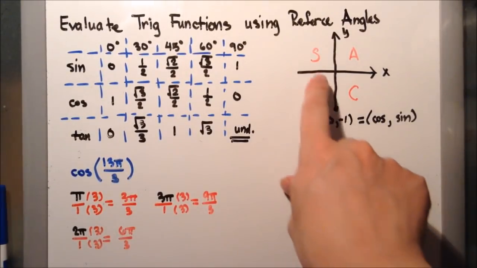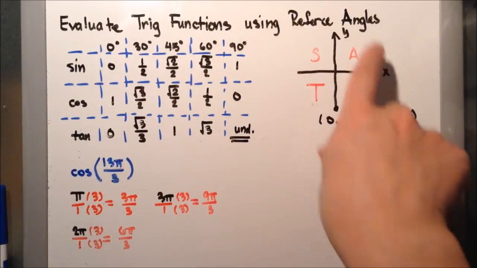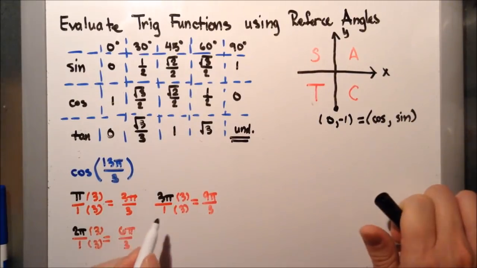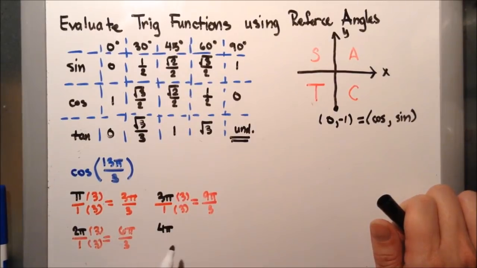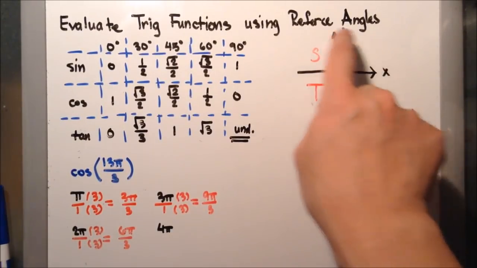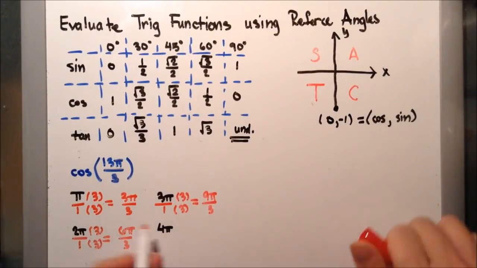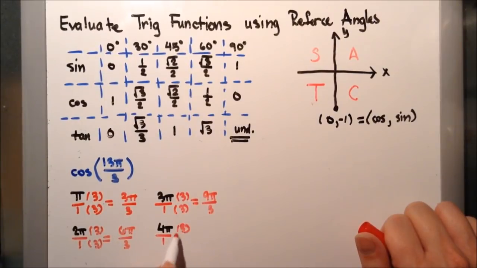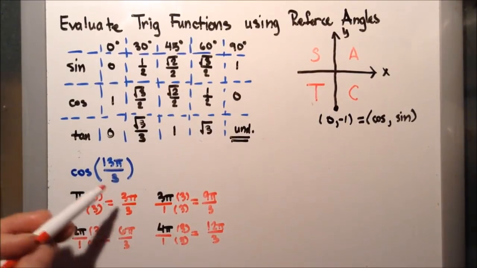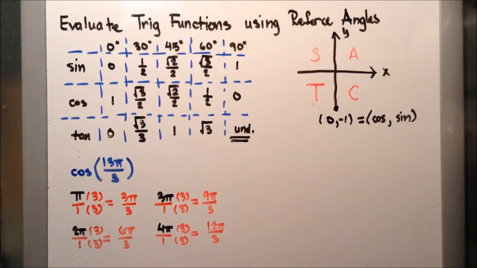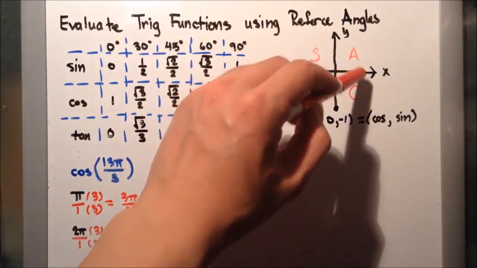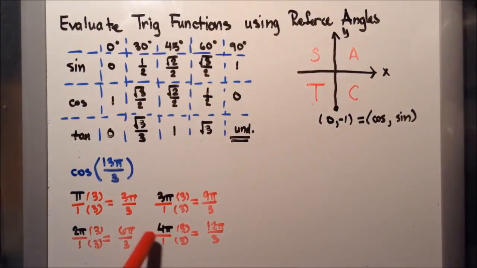Definitely more than 3 pi, but let's check if it's more than 2 full circles, which is 4 pi. So 4 pi is basically 2 full circles. 2 pi is just 1 full circle. Multiply by 3. So that is basically 12 pi over 3. Looking at this, 13 pi over 3 is 1 more than 12 pi over 3. So basically, 13 pi over 3 is more than 2 full cycles, more than 4 pi.